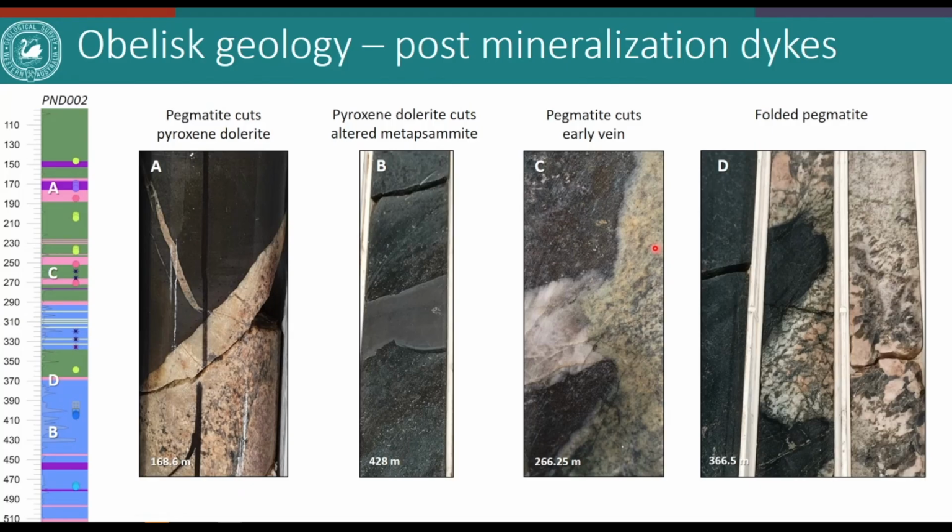And the pegmatites are clearly post-mineralization because you can see how a quartz-rich vein is cut by the pegmatite. And these post-mineralization dikes cut alteration in the pervasive fabric, but locally you can see folding of the pegmatite, and this indicates that there's a second folding event with local development of an axial planar foliation in the pegmatite.